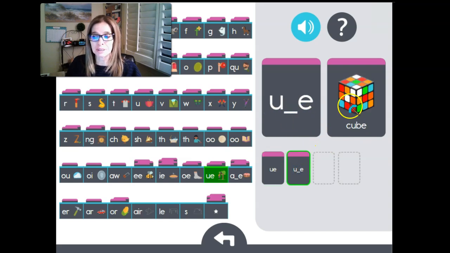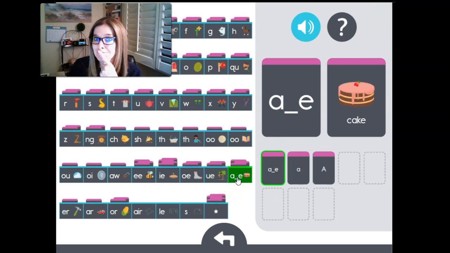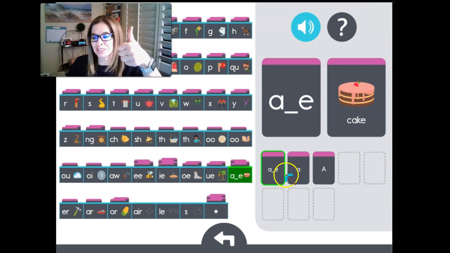The U sound in cube is spelled with U separated E. Same letters, same sound. Let's see what else we can notice. What do you think? Anybody have an idea? Don't say it, just give me a thumbs up if you can make a connection here to what you think we're going to do. Here we go.